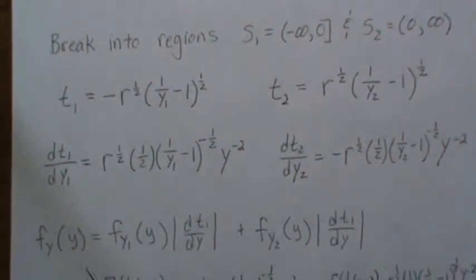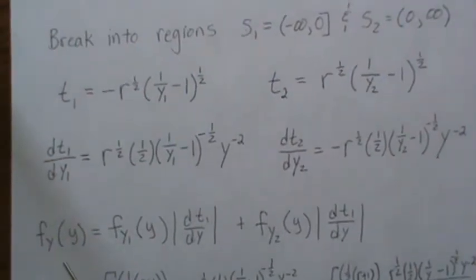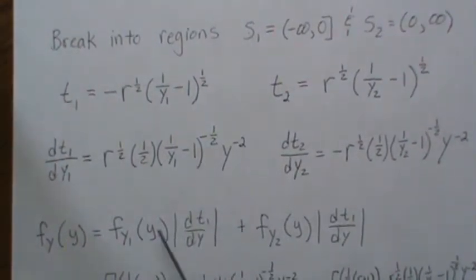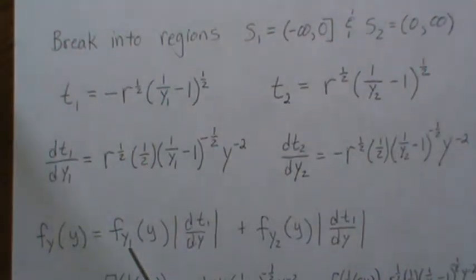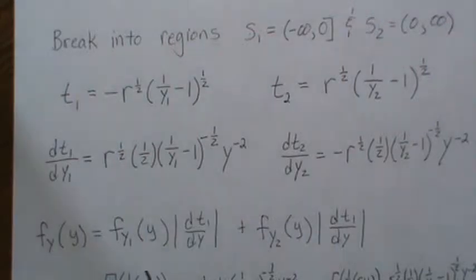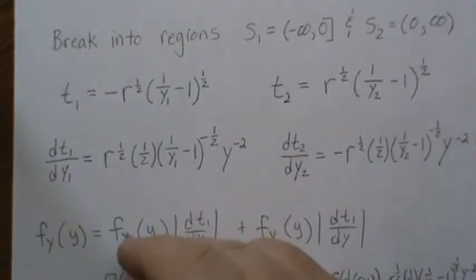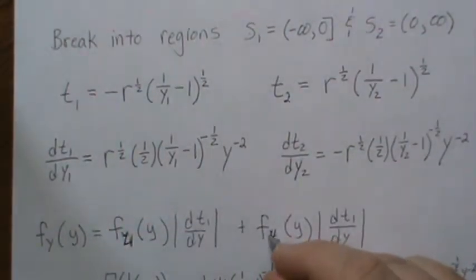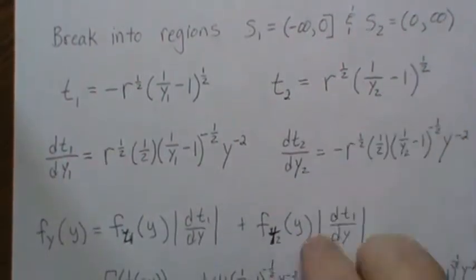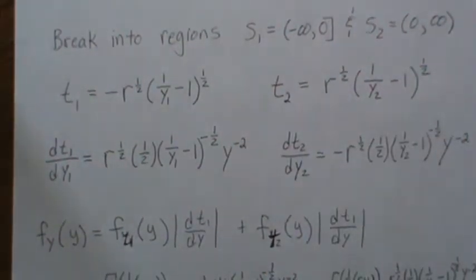And now to find the density, f of y is equal to, I guess it would be f of t, over this region, and f of t over region 2, that's what the 2 is. And then you plug in what you back solved for. So this is actually this value here.